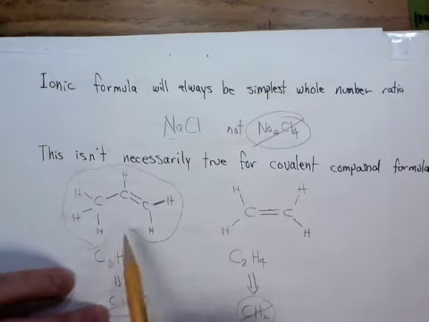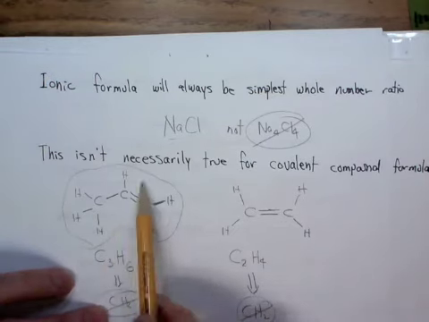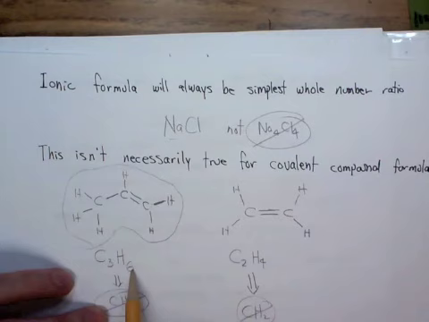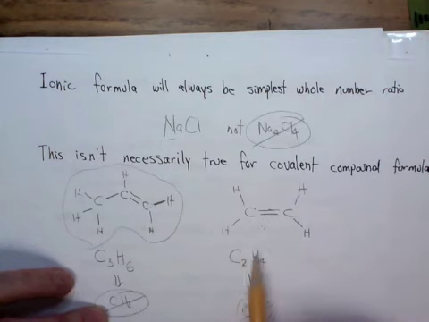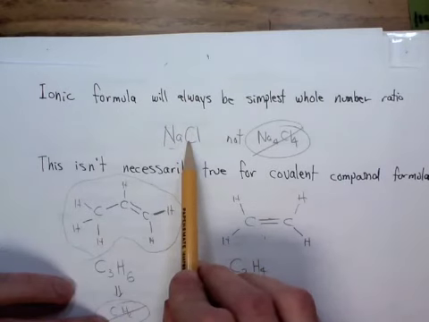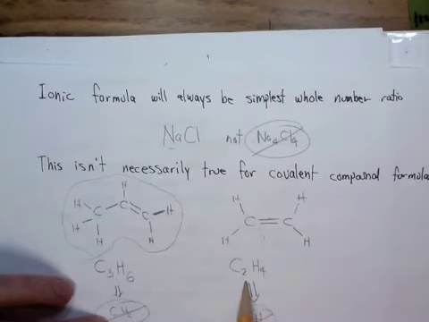No. This molecule, which is a unit of connected atoms, has 3 carbons and 6 hydrogens. This is a different molecule versus this one right here, which has 2 carbons and 4 hydrogens. So we do simplify to the simplest ratio for ionic compounds. We don't do it for covalent compounds.